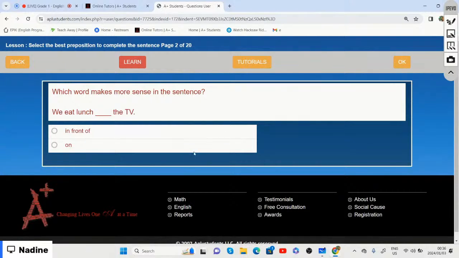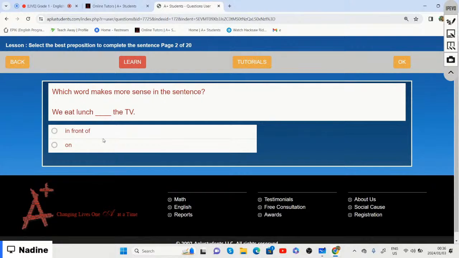We eat lunch in front of the TV or we eat lunch on the TV. We need to select the correct preposition, or the best word that makes more sense in the sentence. So where do we eat lunch?